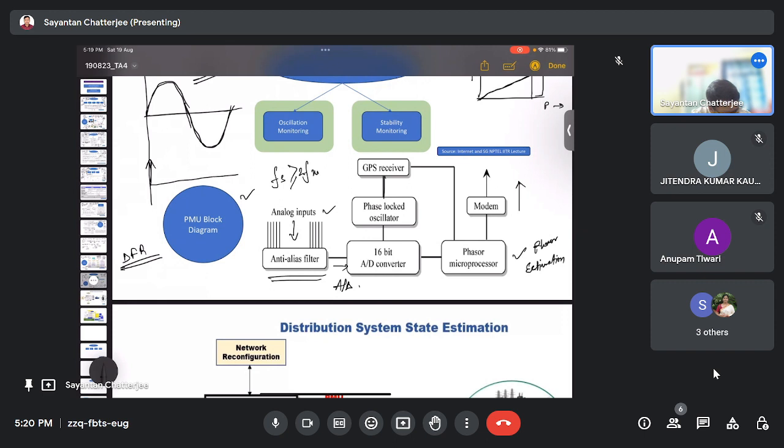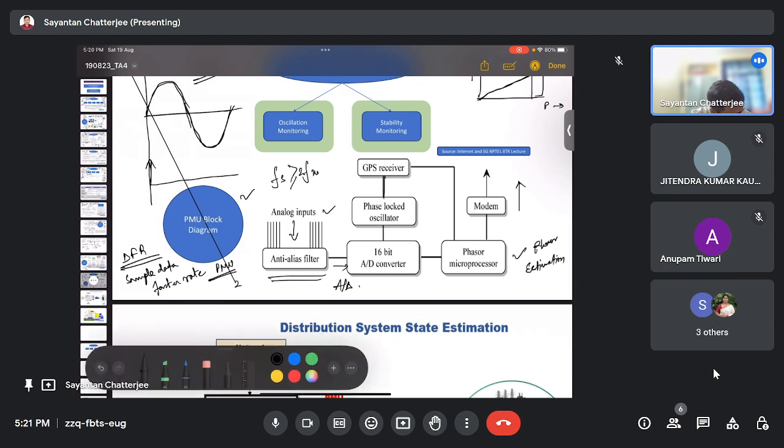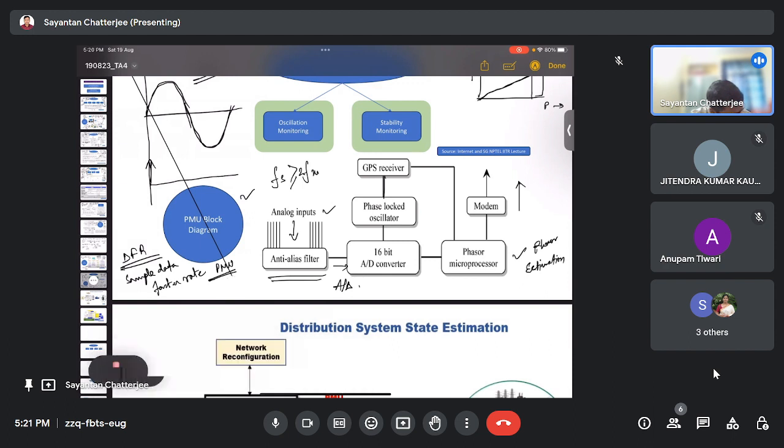The DFR is a kind of recording device which can sample the data at a faster rate than the PMUs to measure the fault. A fault persists for two cycles, and within these two cycles the fault needs to be cleared.